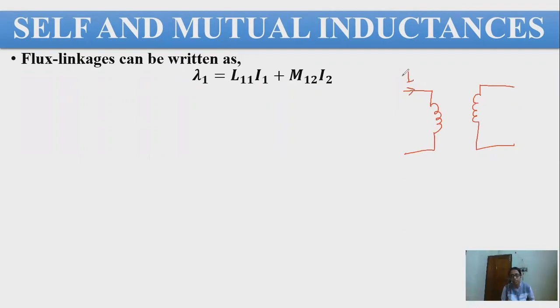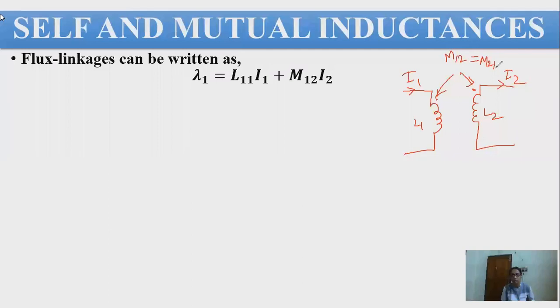One conductor is carrying current I1, and another one is carrying current I2. The self-inductance is L1 here, and the self-inductance is L2 here. And the mutual inductance is written as M12 equals M21.